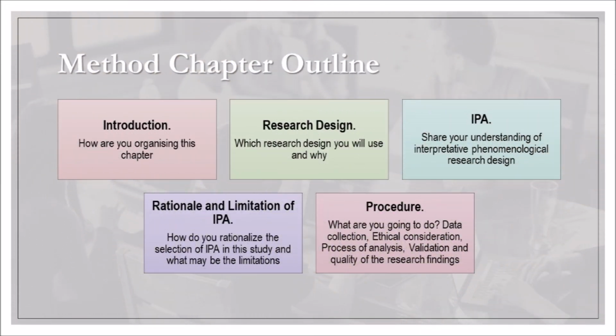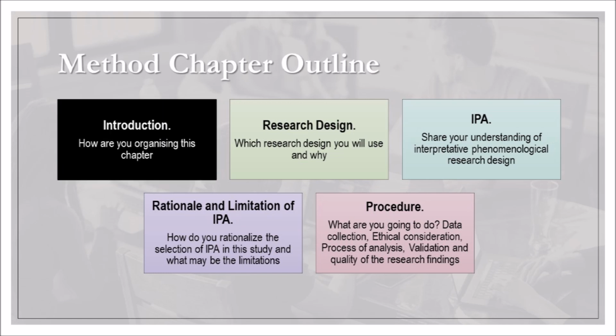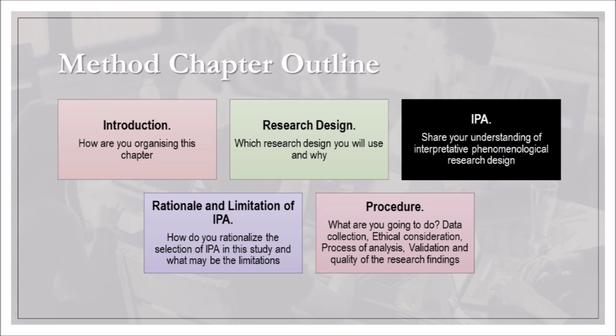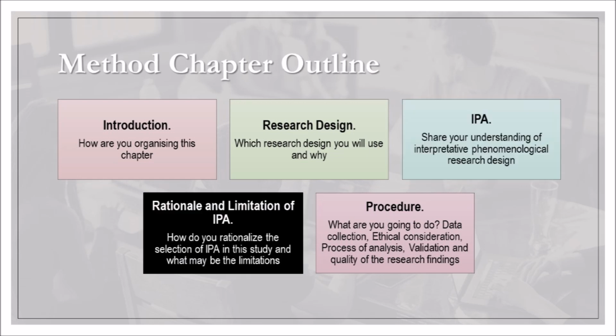Okay, a general outline for a method chapter in an IPA study should include an introduction, that is, how you are organizing this chapter, then research design, which research design you will use and why. And then IPA, you have to share your understanding of IPA or IPA research in your thesis. Then rationale and limitation of IPA.